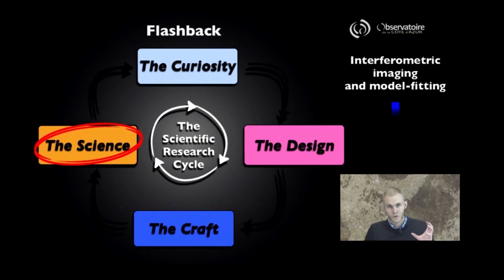And for interferometry, there are 2 ways you can go about exploiting the data to produce some science. The 2 methods are going to be something that we call interferometric imaging, that is, use the observations and invert them to produce an image. And the other approach is going to be something that we call model fitting, where we throw in some assumptions about the object that we've observed, and we're going to try to constrain some of the parameters of that model.